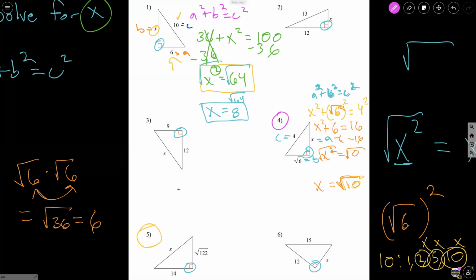All right, now we have number 5. So we got a squared plus b squared equals c squared. All right, this is going to be c, a, and then b. All right, and so we have c, which is x, equal to 14 squared plus the square root of 22 squared.